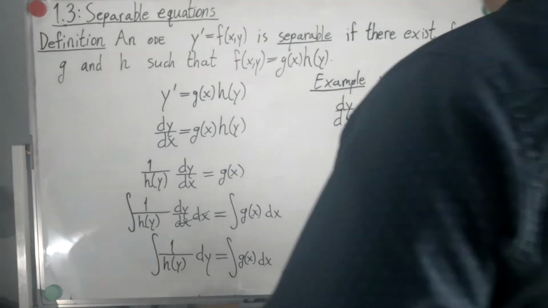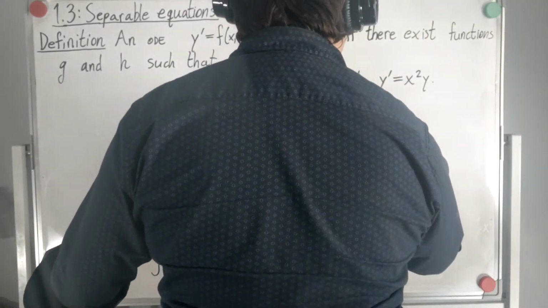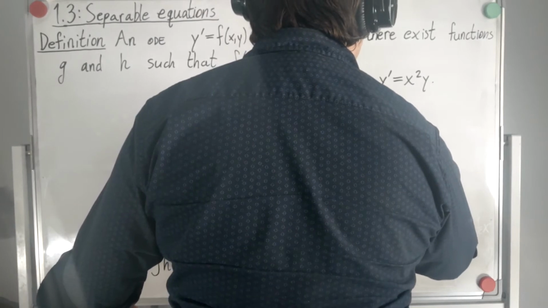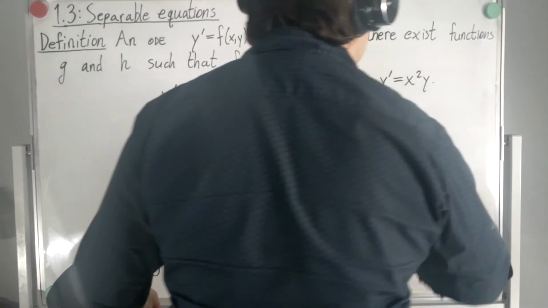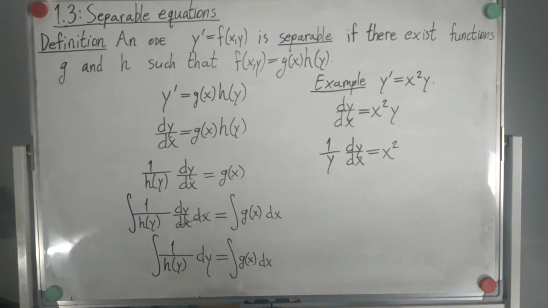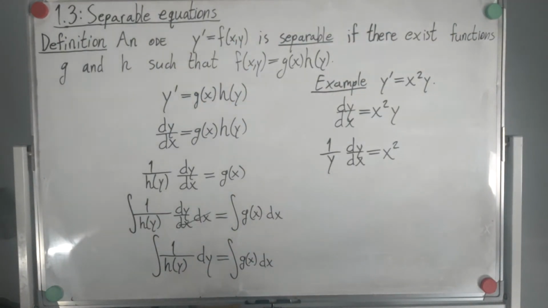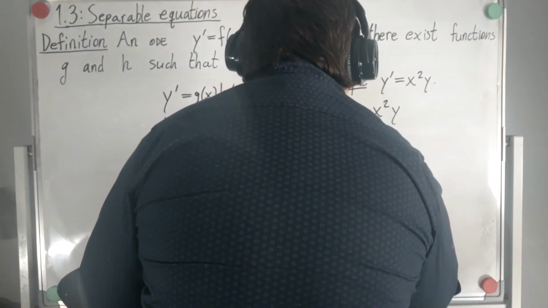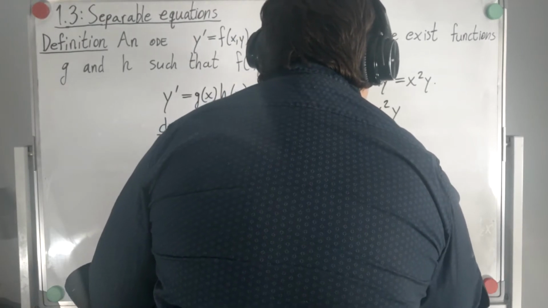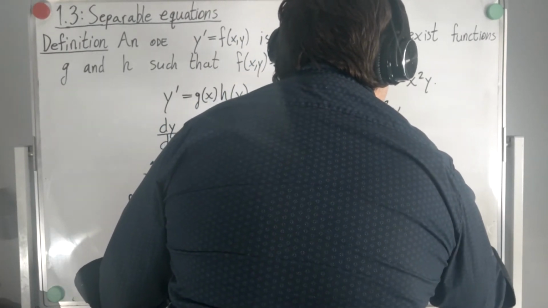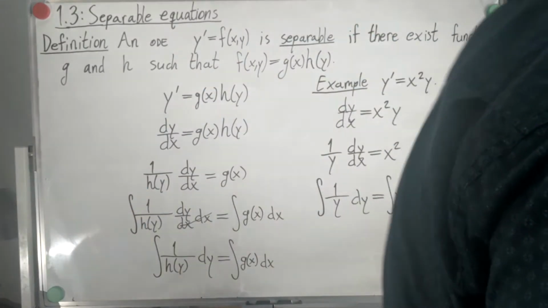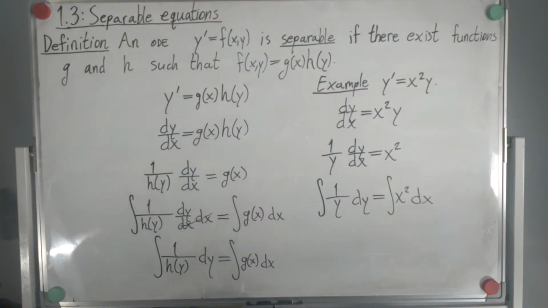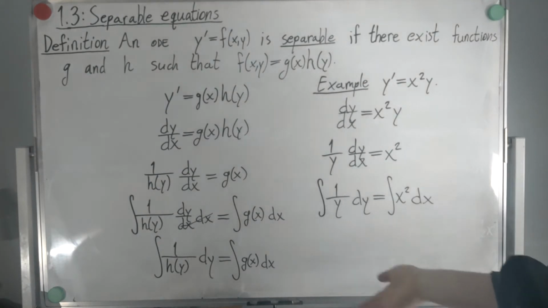We're going to divide both sides by y to get 1 over y dy dx equals x squared. Now, if you integrate both sides with respect to x, you'll get the integral of 1 over y dy equals the integral of x squared dx. And now, as long as we can solve these two integrals, we'll be able to solve the problem.